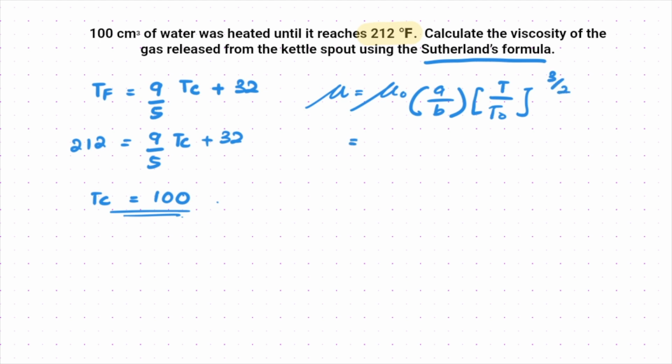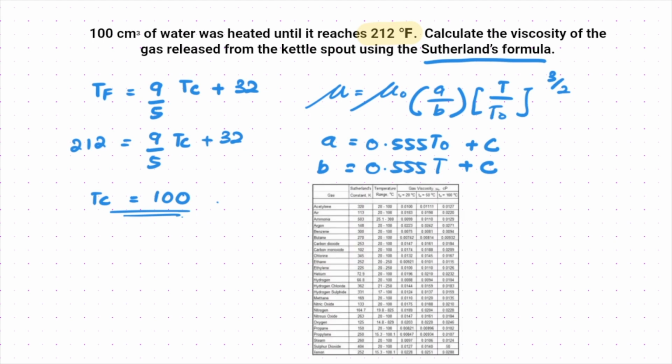Right, so next up, what we are going to do is we need to calculate what is A and what is B. So A is basically 0.555 T naught plus C, and your B is equivalent to 0.555 T plus C. Alright, so what is T naught and what is T?